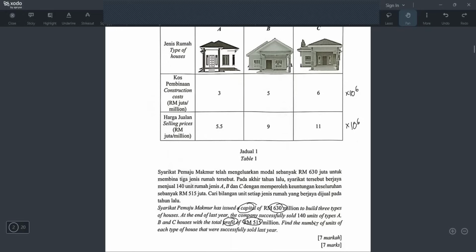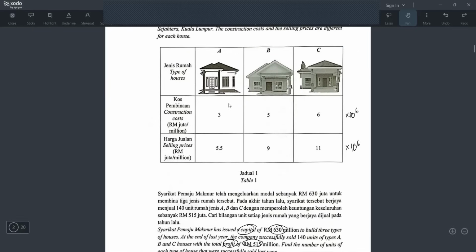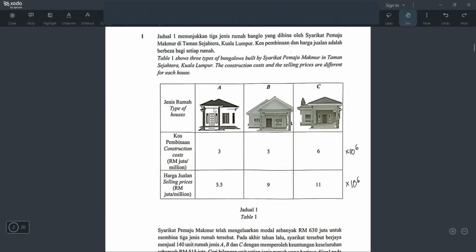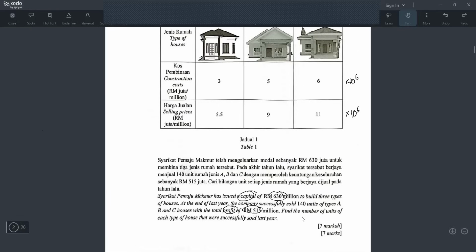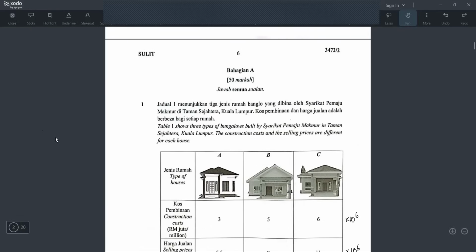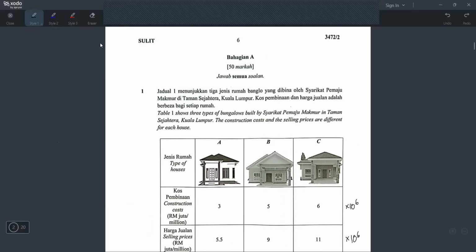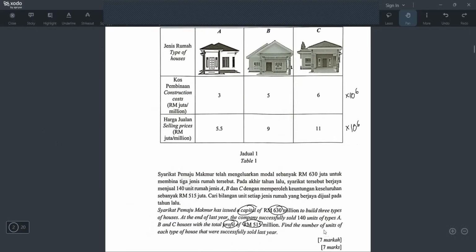So what they want now is the number of units of each type of house. It means number of unit A, unit B, unit C. So what you do is you let whatever they want to find, which means the final answer, become X, Y, Z first. So I will let X equal, Y equal, Z equal. What is my final answer?